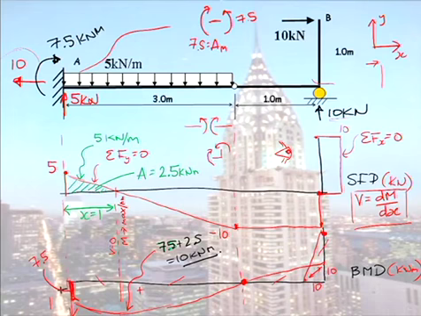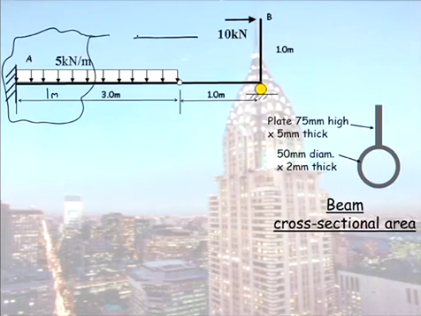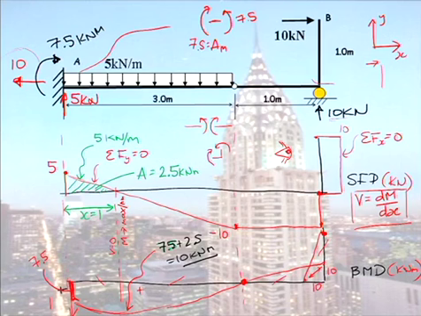What I would expect you to do would be to actually cut the beam 1 metre in, draw your free body diagram, which is your moment, your reactions, and then calculate the value of that moment. So you would use equilibrium, and doing so would give you a moment of 10.